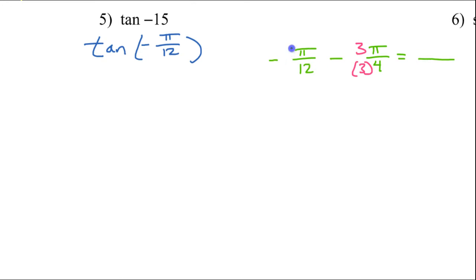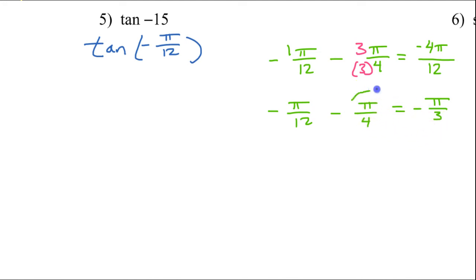I have negative 1 pi over 12 minus 3 pi over 12, which is negative 4 pi over 12. Of course, this reduces, so this is negative pi over 3. Okay, so that tells me that negative pi over 12 minus pi over 4 is equal to negative pi over 3.